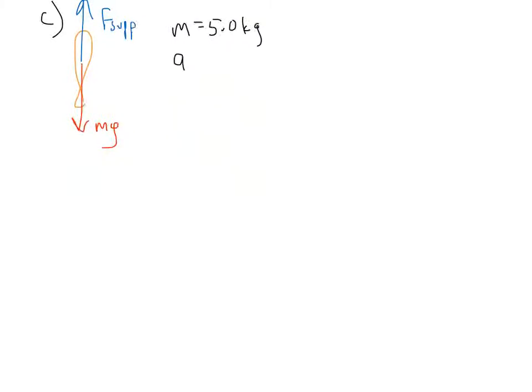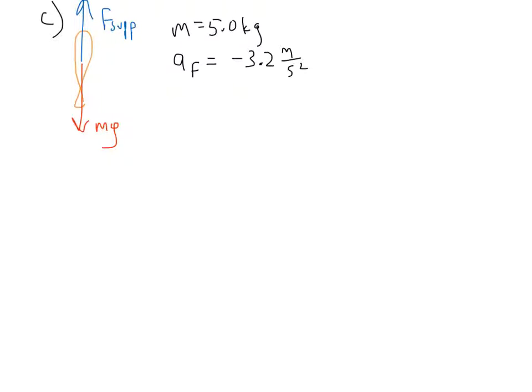And the acceleration of the fish is going to be negative 3.2 meters per second squared. So it's going to be accelerating downwards. All right, that's all we need to know.